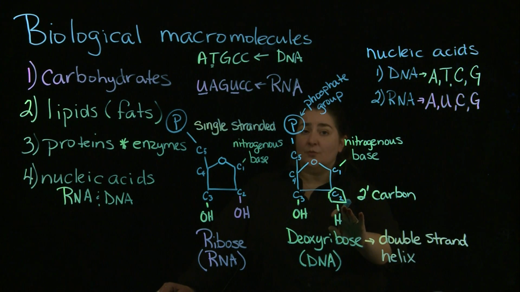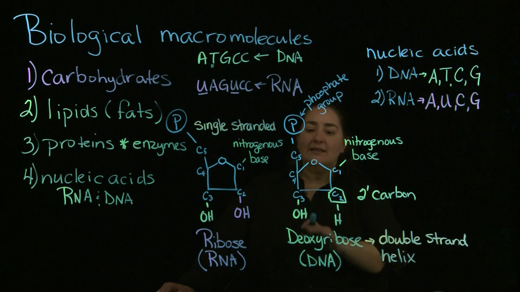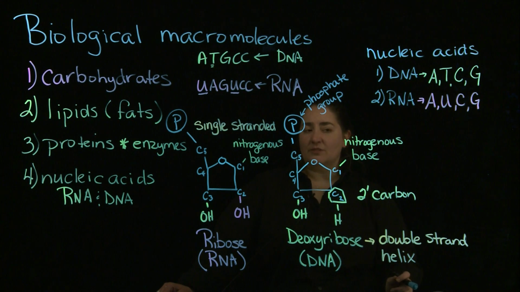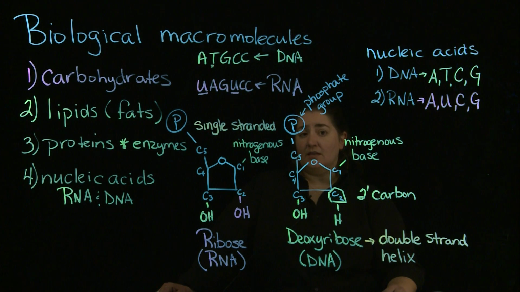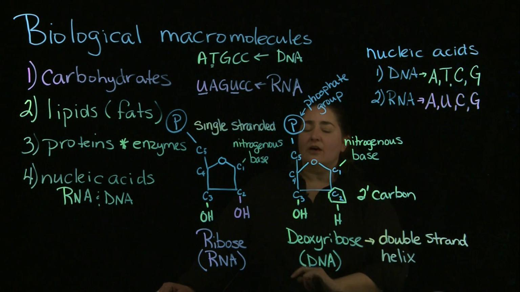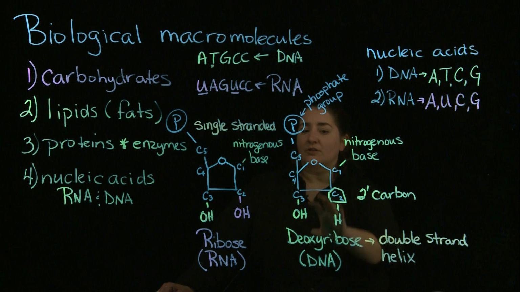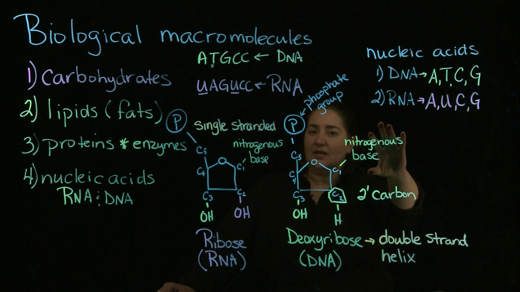Carbon number 2 is important because that tells you whether the sugar you have is deoxyribose or ribose. The last location of carbons that's going to be important is the 3' end. What I'm going to do is stop the video here, and then I'm going to redraw this to show you how that 3' end becomes important in linking the nucleotides, because that phosphate, that sugar, and that nitrogenous base all together make up a nucleotide.